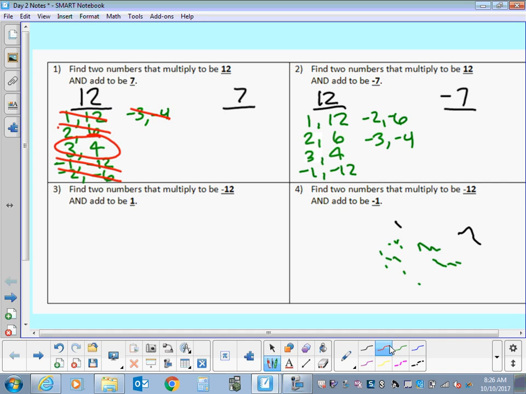So all of those are factors of 12, because that's what we just did. Which ones add to be negative 7? Negative 2, negative 6, negative 3, negative 4. All of these don't work. If I add them, I don't get negative 7. So what I need is negative 3, negative 4.